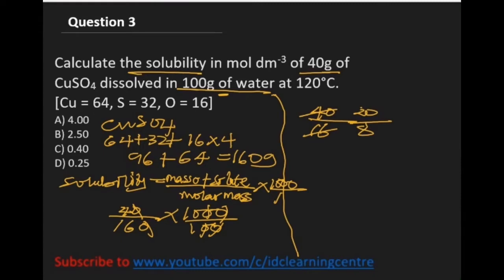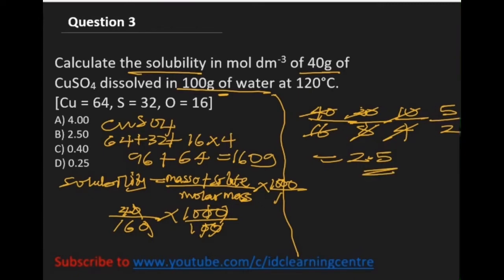Continuing, 2 here gives us 10, 2 here gives us 4, 2 here gives us 5, and 2 here gives us 2. So we cannot divide further. So we have 5 over 2. 5 divided by 2 gives us 2.5. So we go to our options. The right answer for this is option B, 2.50.